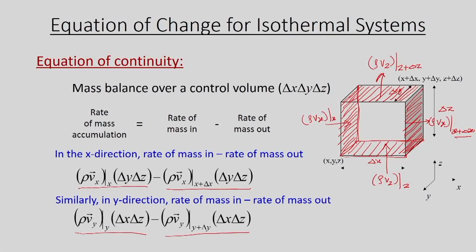So, we add them together and then equate the summation to the rate of mass accumulation. Rate of mass accumulation is nothing but dou rho by dou t multiplied by delta v, where delta v is the control volume, that is delta x multiplied by delta y multiplied by delta z.